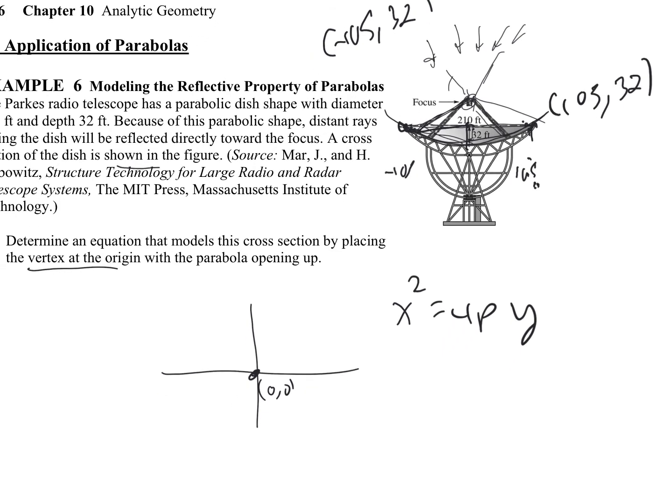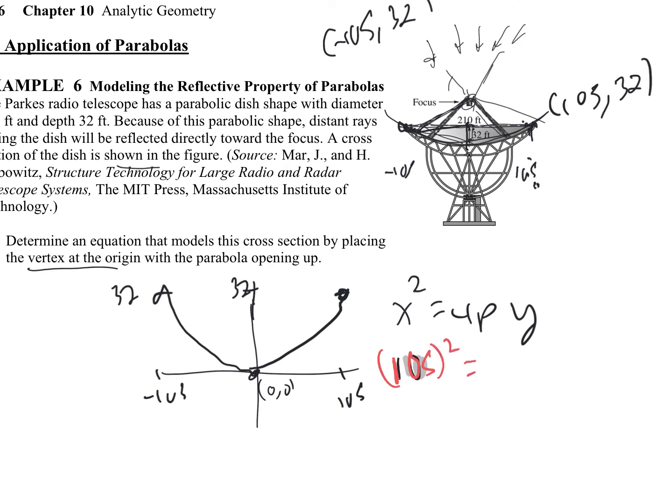So if I draw that out and pretend that's a big dish, with the ordered pairs at 105, 32 and negative 105, 32, we should be able to find p, because all I need is an ordered pair. So if my x is 105, 105 squared equals 4p, and the y is 32.